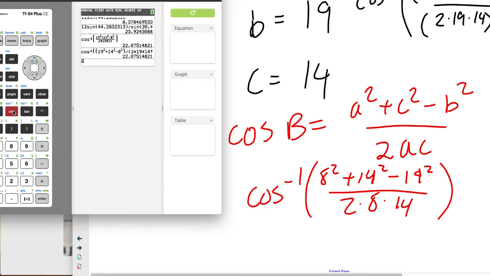So inverse cosine, math, fraction, 8 squared plus 14 squared minus 19 squared over 2 times 8 times 14. Hit enter, 116.8.